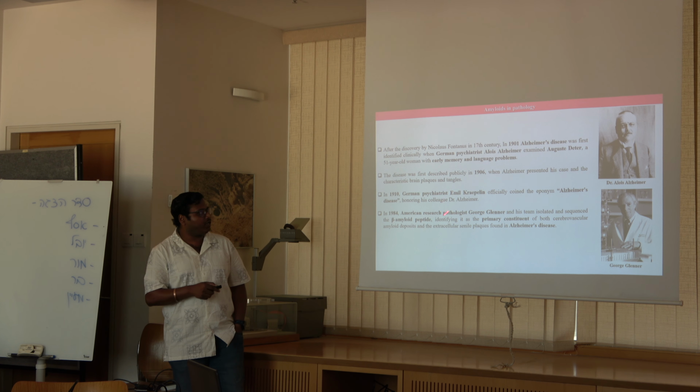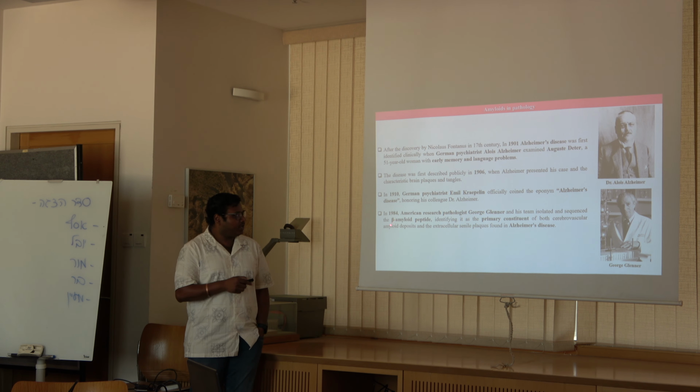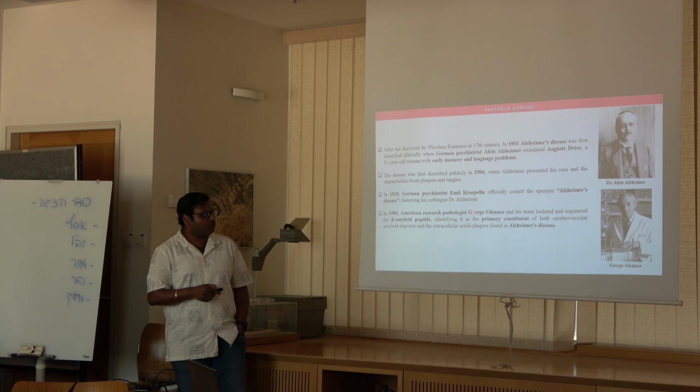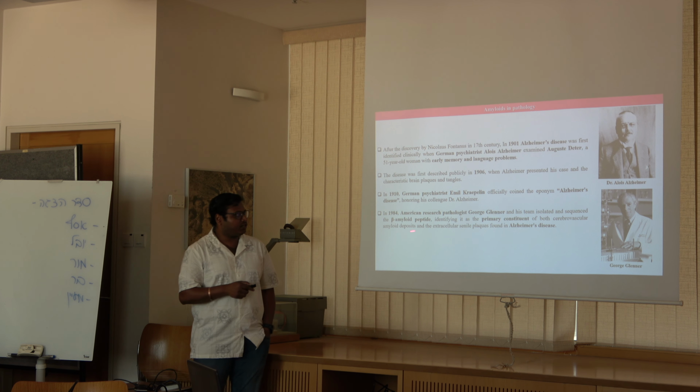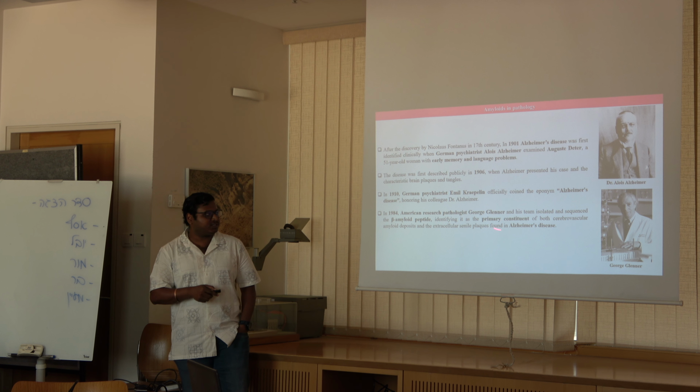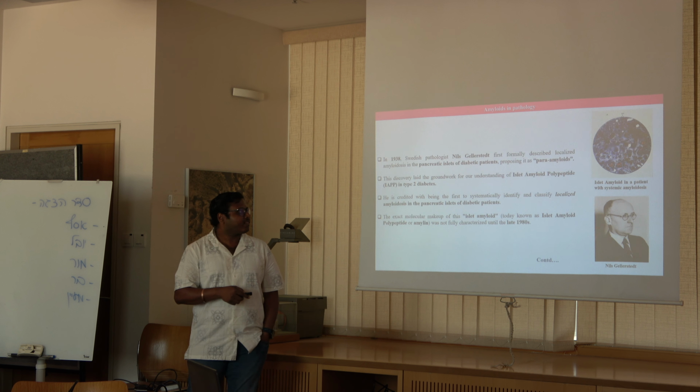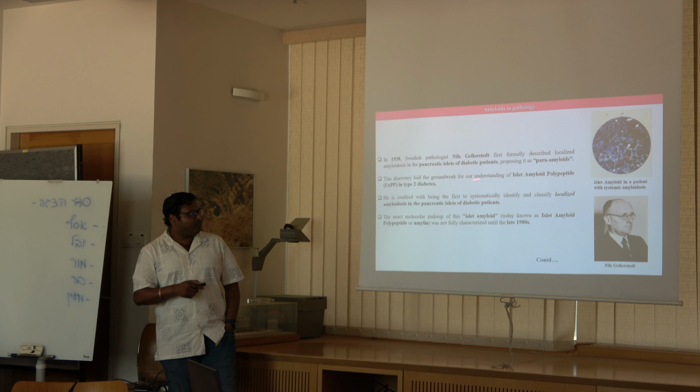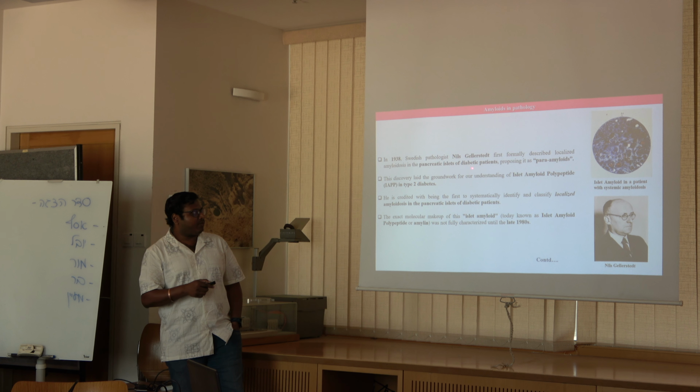But it took again almost 85 years, until 1984, when American research pathologist George Glenner found that the beta amyloid peptide is the true culprit of Alzheimer's disease. Then came another important pathological discovery in the pancreatic islets of diabetic patients.